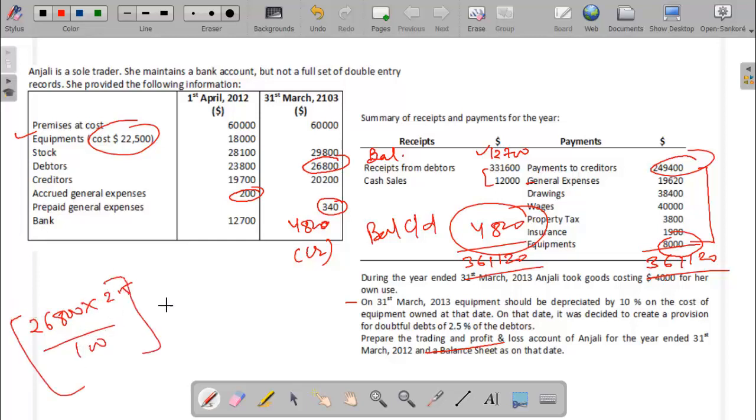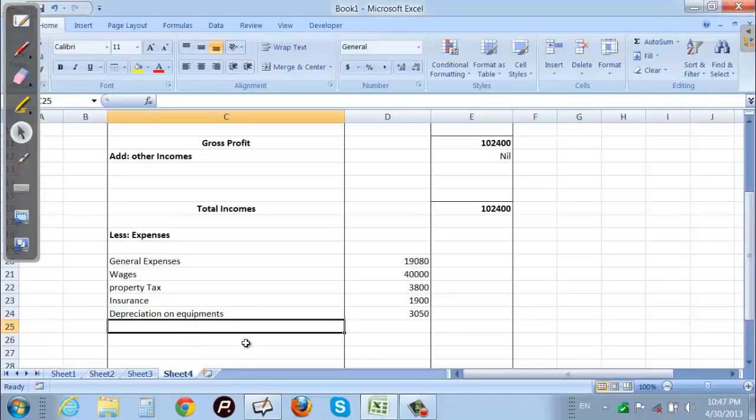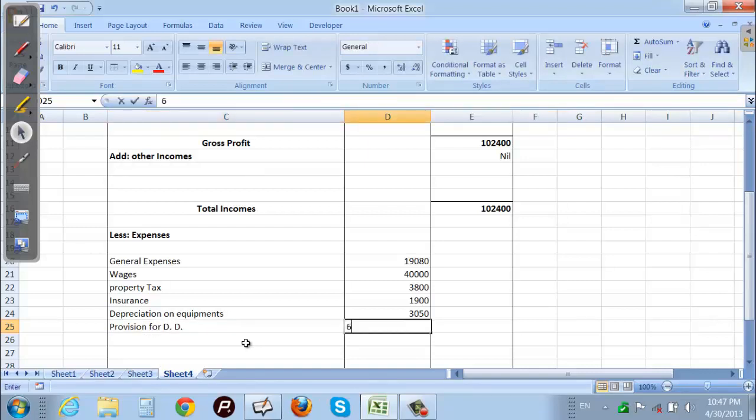With this percentage we have to create provision. 26,800 and its 2.5% will come to $670. So with this amount we will create provision for doubtful debts. I will write this amount here. Provision for doubtful debts, and the amount is $670.